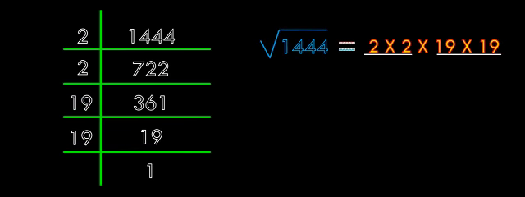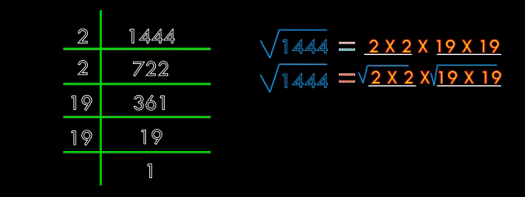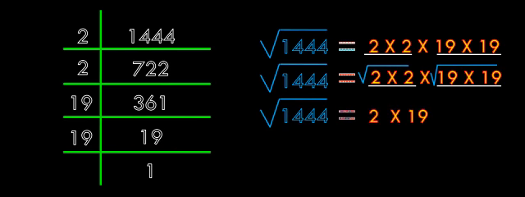Then, we will mark pairs of prime factors such that both the prime factors in each pair are equal. Then, we will write one factor from each pair. Then we will find the product of the above factors. And we will get our answer. So, the square root of 1444 is 38.